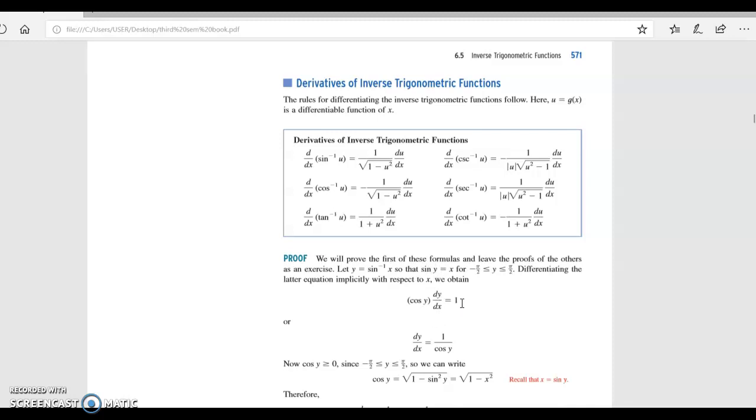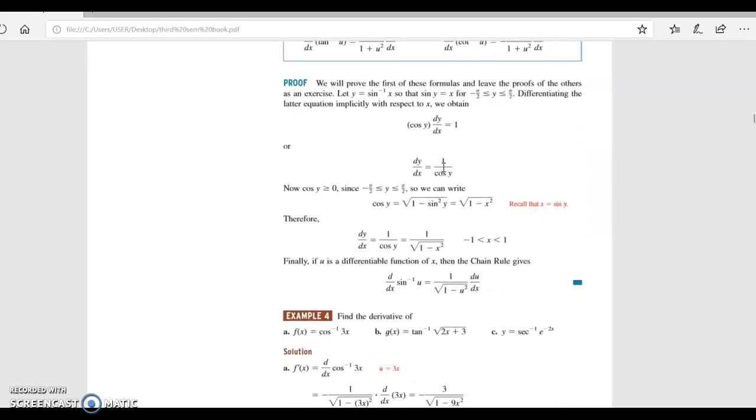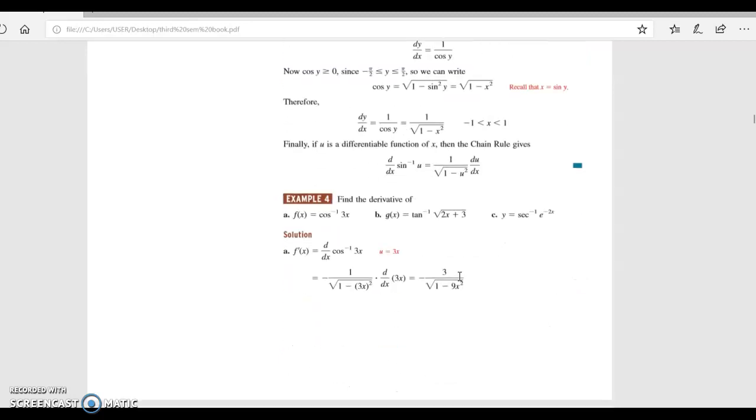So dy by dx equals 1 by cos y. 1 by cos y is 1 by root 1 minus sine square y, so this is 1 by root 1 minus x square. So dy by dx equals 1 by root 1 minus x square. This is the result.